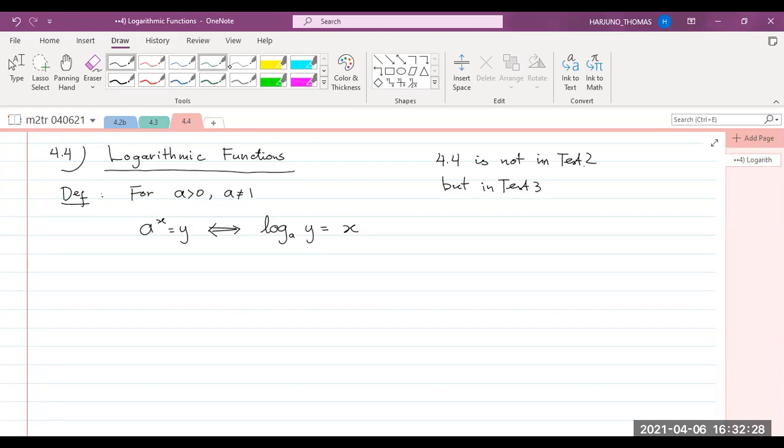Okay, keep this in mind. We call this the exponential form. We call this the logarithmic form.